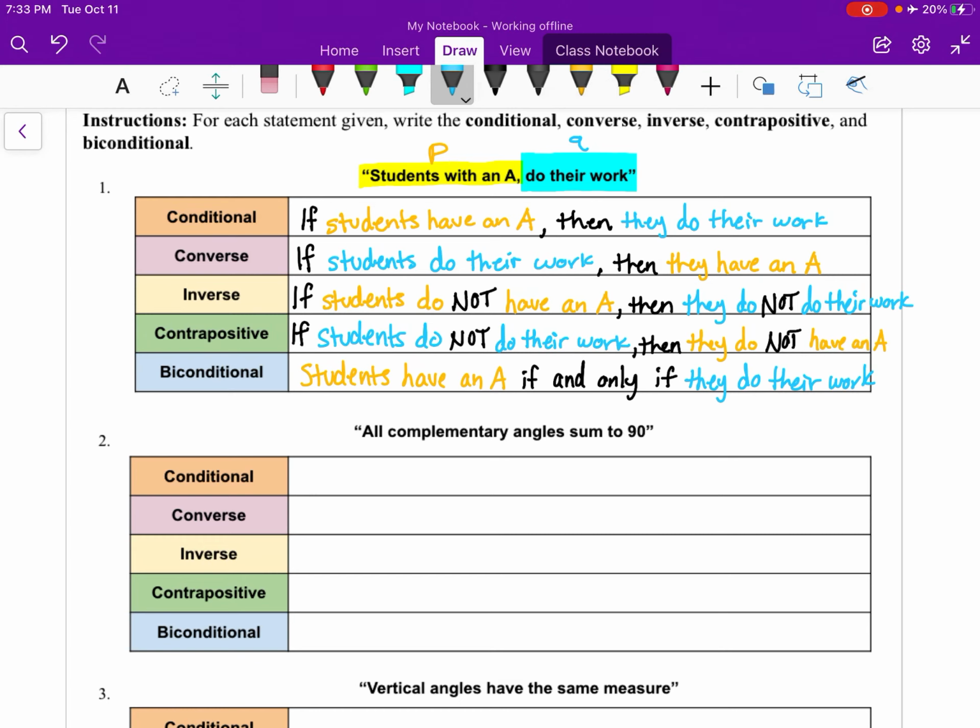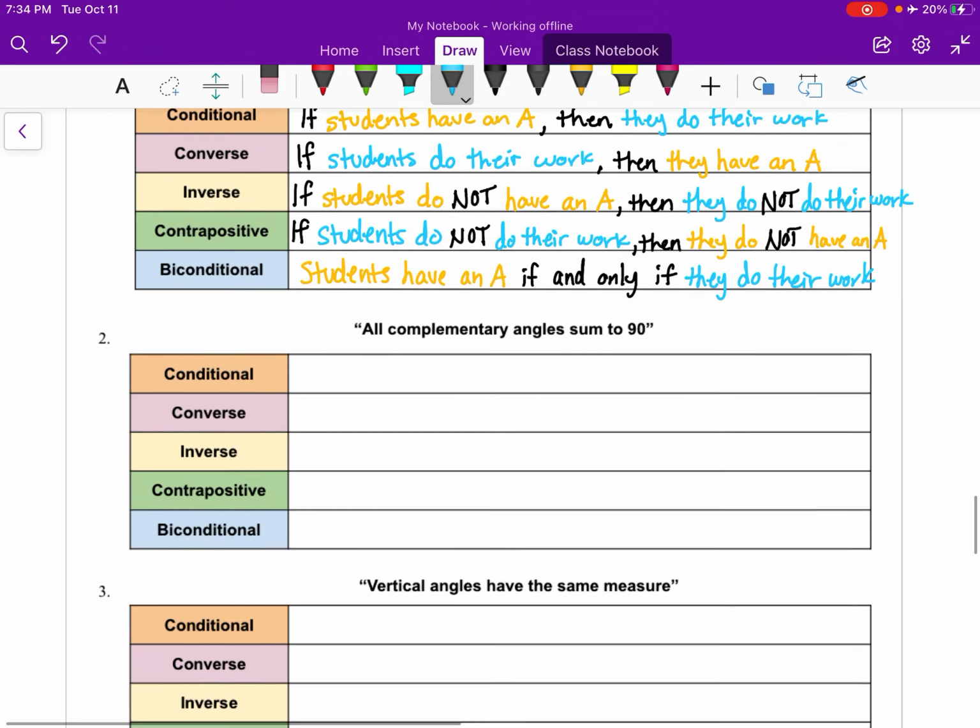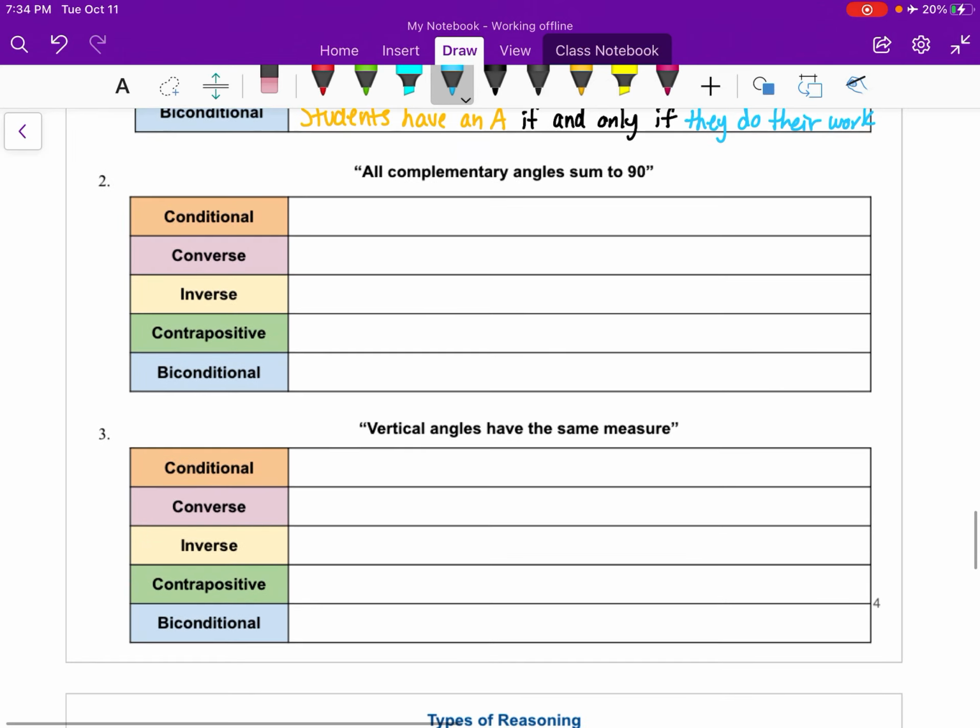So now we've taken this statement, students with an A do their work, and we've turned it into the conditional, the converse, the inverse, the contrapositive, and the biconditional. Now that we've done that, you guys can pause the video so that you can practice yourself doing problems number 2 and 3.